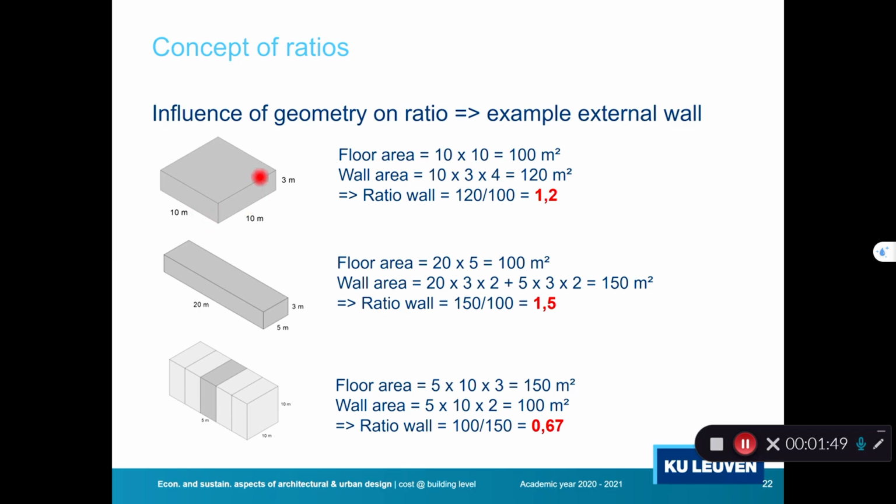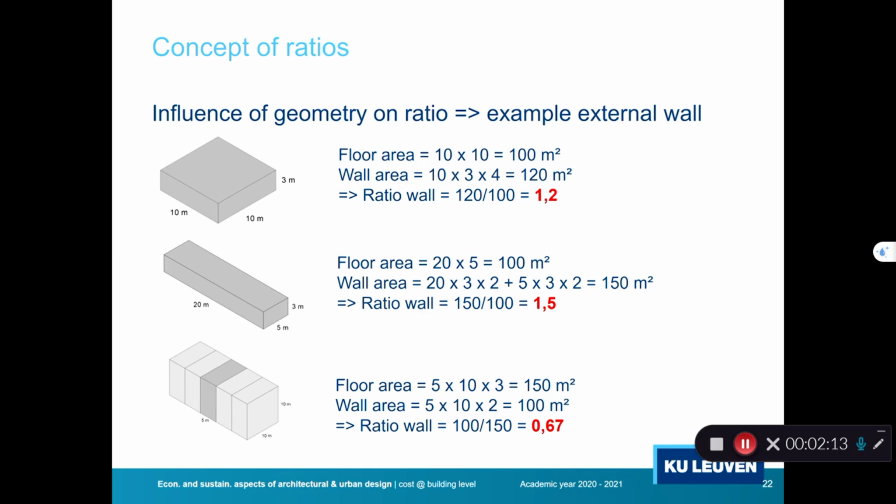We have 4 facades, each 10 by 3 meters, so 30 square meters. 4 times is 120 square meters. This means the ratio of the external wall is 120 divided by 100, or 1.2 square meter of wall per square meter of floor area.